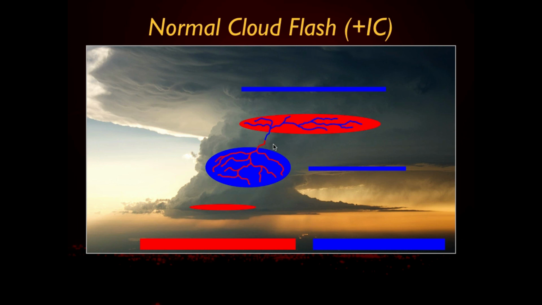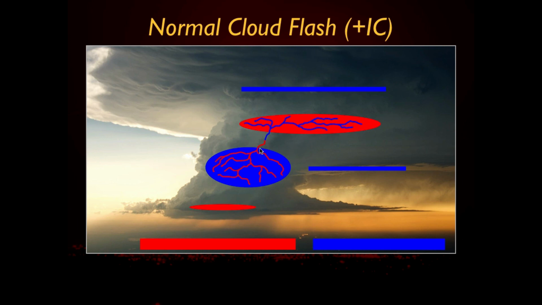And unlike what was previously thought, these leaders propagate into and through these charge regions, similar to what we now refer to as potential wells. Essentially, they propagate into and through these regions, and this upper positive charge region acts as a positive potential well, favorable for negative leader propagation or development through that potential well.